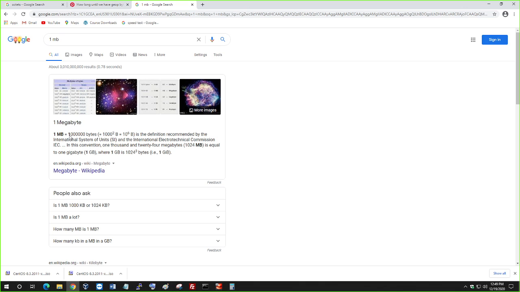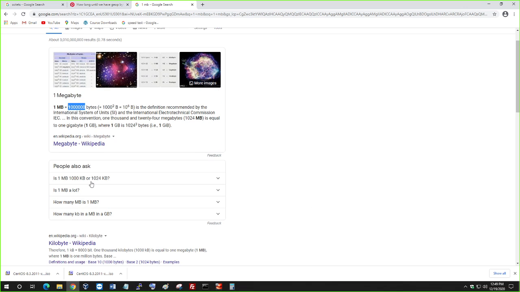When MB is 1000 bytes. So how many 1000 bytes, right? Now 1 MB is 1 million bytes. So how many kilobytes is 1 MB? 1 MB is 1000 kilobytes.